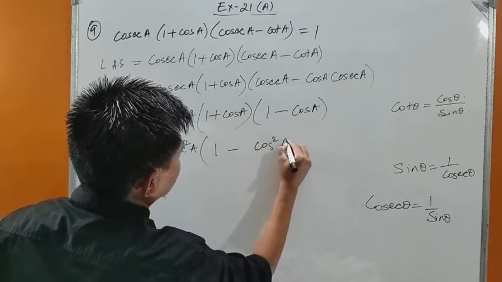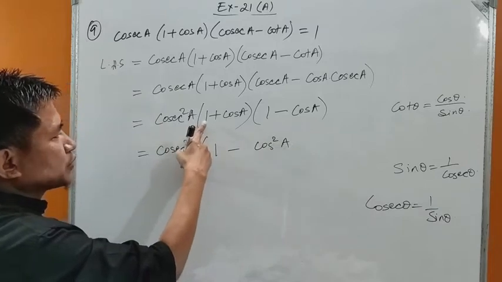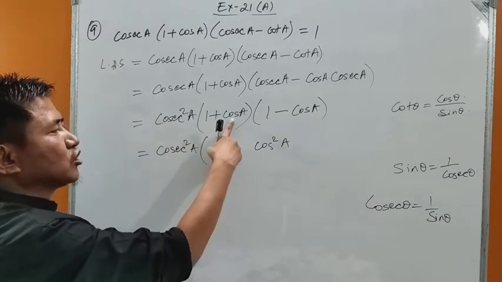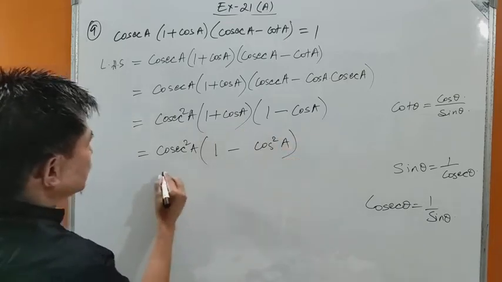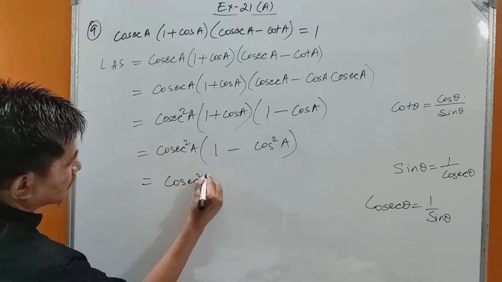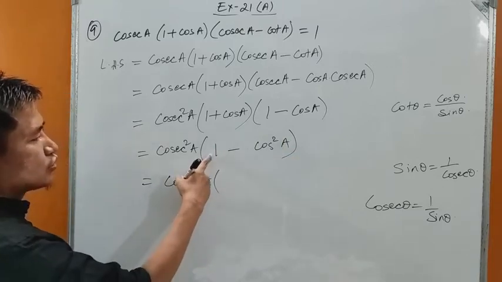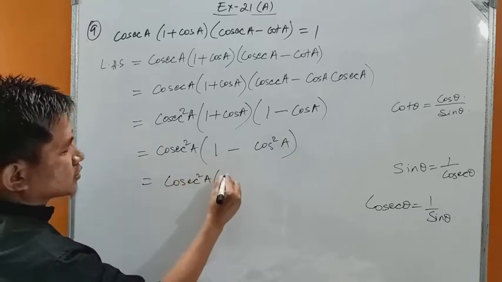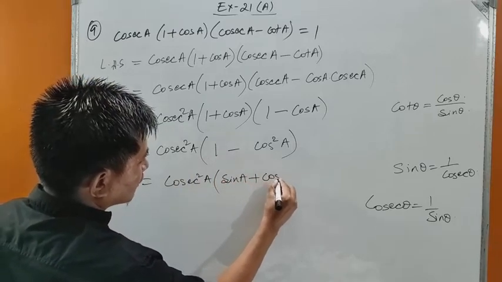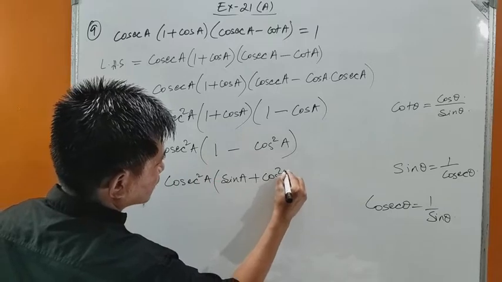Cos square A. A square means 1 square, 1 square is 1, minus B square means cos square A. So this cosec square A we copy as it is, cosec square A. Now this 1 can be written as sin square A plus cos square A, isn't it?